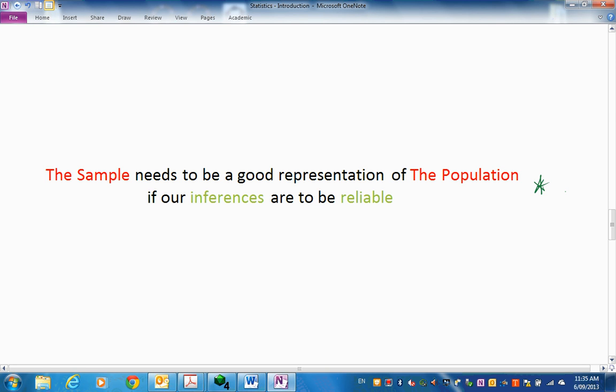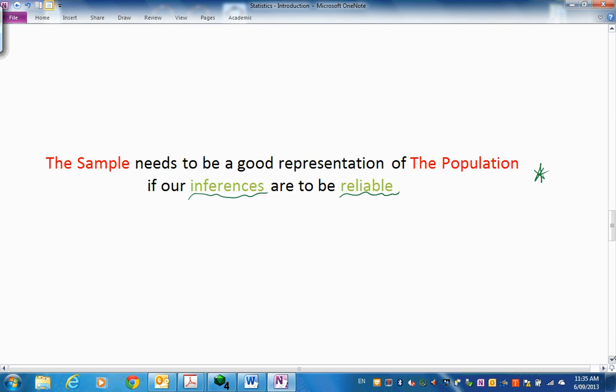That won't guarantee that we do get a good representation, however. There are other factors going to come into play there. Anyway, we're going to assume here that we're going to do random sampling, and that will be a good representation of our particular population, and we want what we say about the sample to be a reliable estimate of what's going on in the population at large.